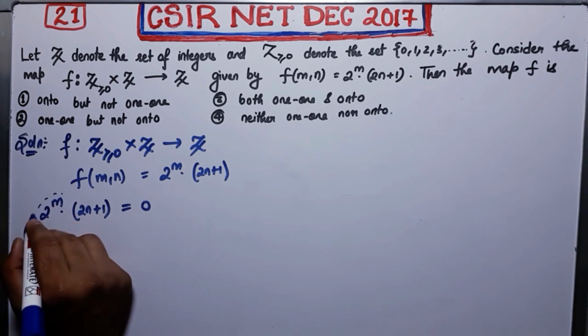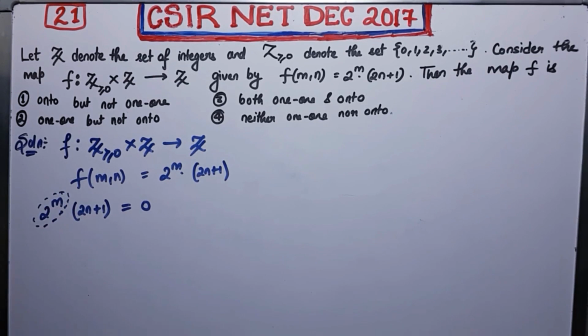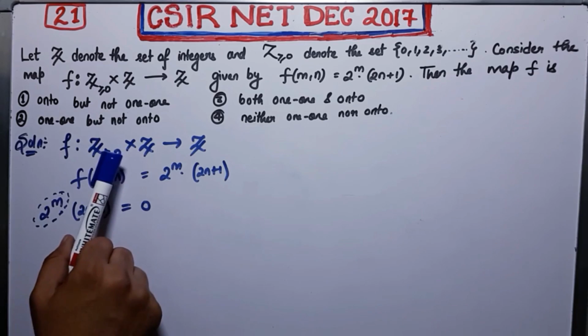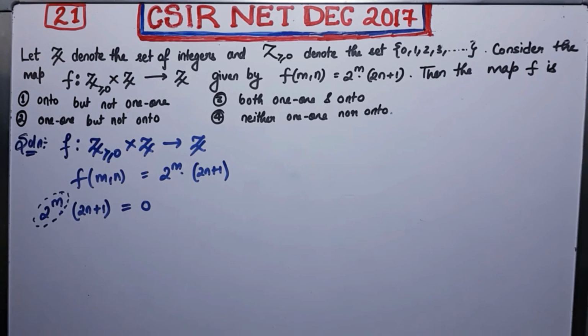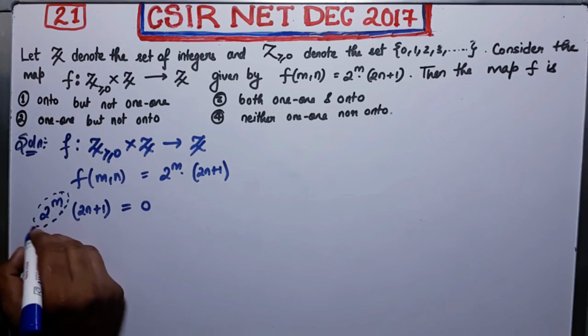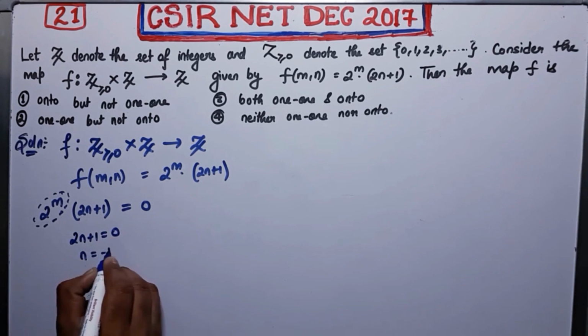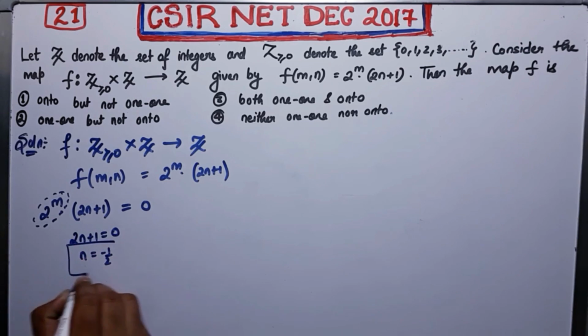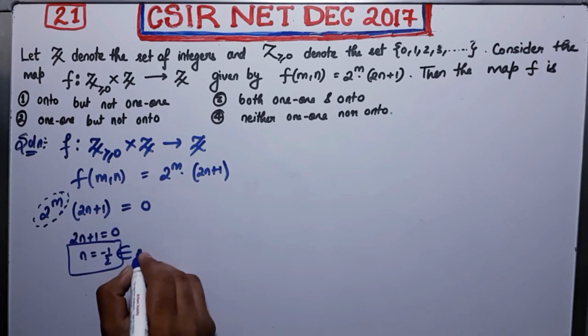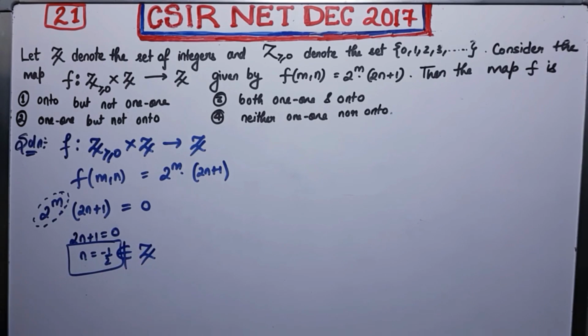Now since 2 to the power m is never 0 for any value of m, where m you are taking from Z greater than or equal to 0, that means set of positive integers, right? So this number can never be 0, that means 2n plus 1 is 0, that means n is equal to minus 1 over 2. So does this n belong to Z? No, this n does not belong to Z. That means for no m comma n, this number is never going to be 0. You are getting my point or not?